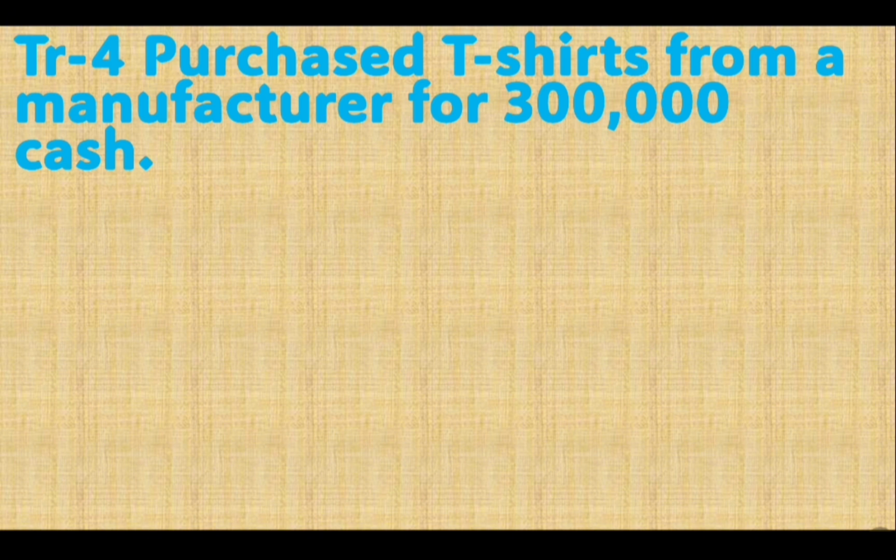That's transaction 4. In transaction 4, Z company purchased t-shirts from a manufacturer for 300,000 in cash. So here we expect cash to decrease because there is a purchase of some t-shirts with a price of 300,000.